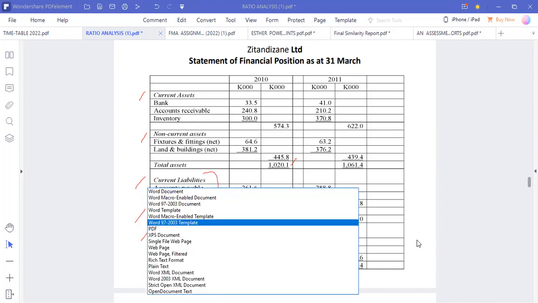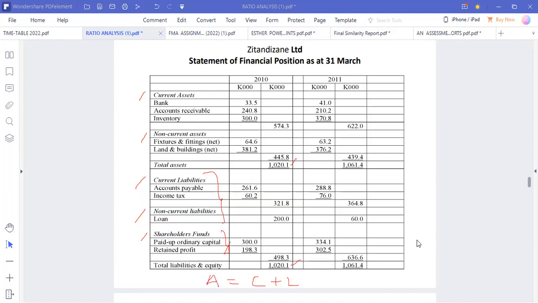These are the liquidity ratios. So using this statement, let's with ease try to calculate these ratios.